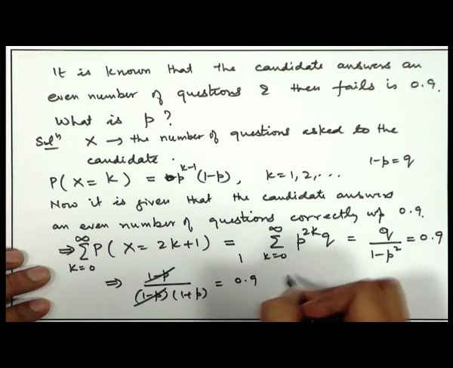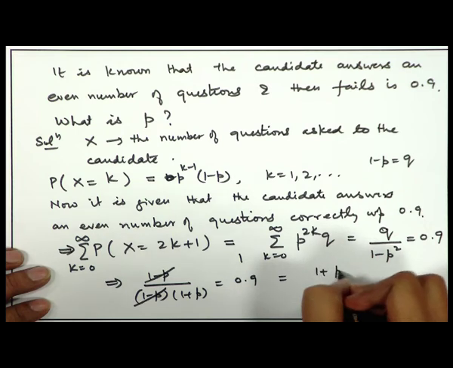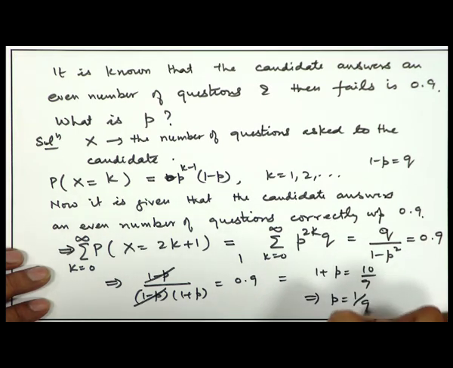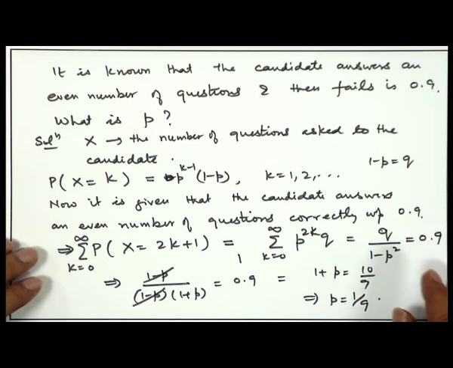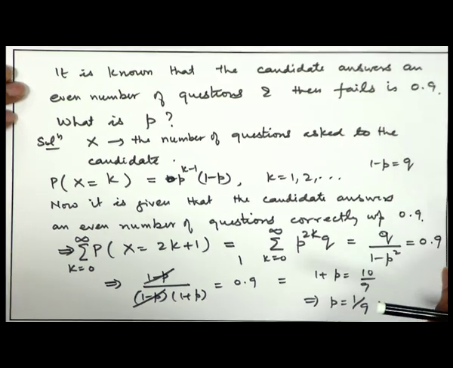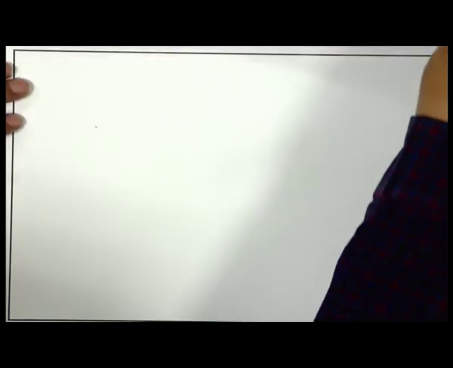So, this cancels out and you are getting 1 plus p is equal to 10 by 9, that means p is equal to 1 by 9. That means the candidate can answer each question correctly with probability 1 by 9. So, this is an example where we have used Bernoullian trials here. Let me give another example in which binomial distribution is used.